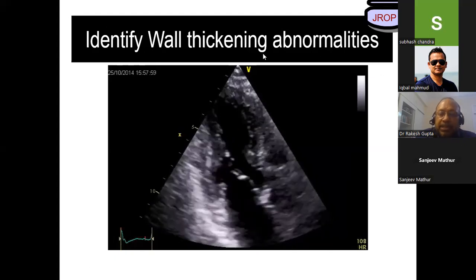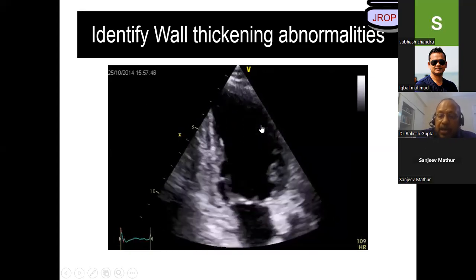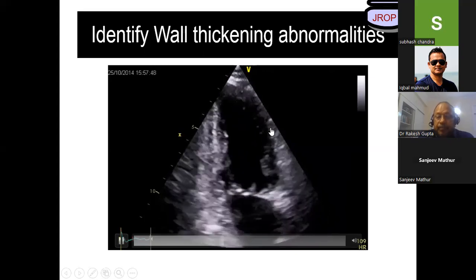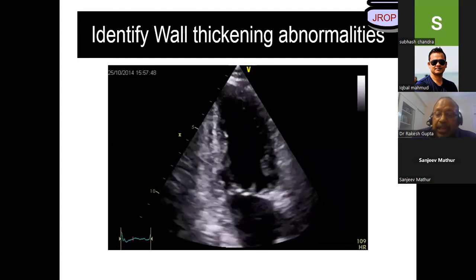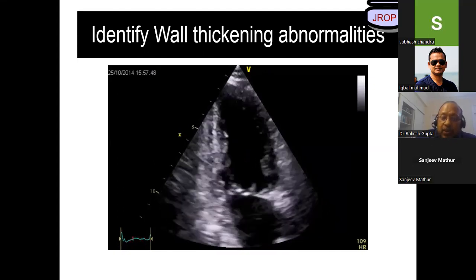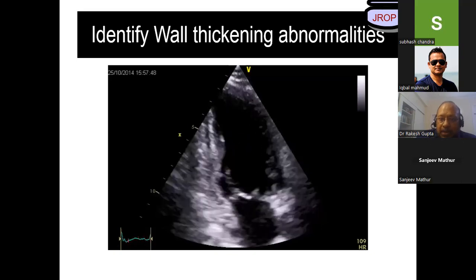So septum is jerky. That is because of LBBB. But what happens to anterior wall? Anterior wall is normally contracted. If you see associated anterior wall which is hypokinetic, then you think of anterior wall MI. If there's no associated anterior wall hypokinesis, then it's a pure LBBB without any anterior wall MI.